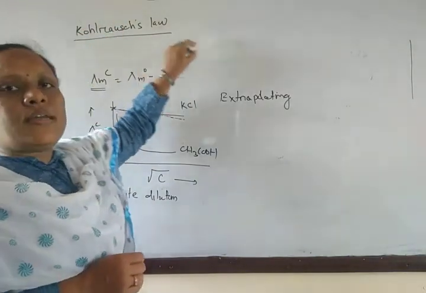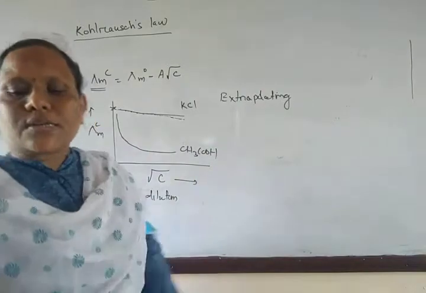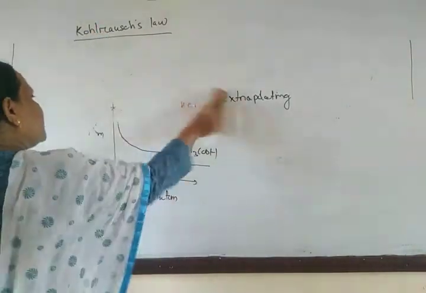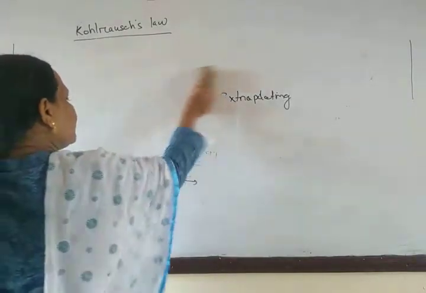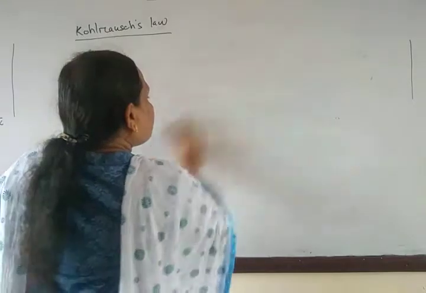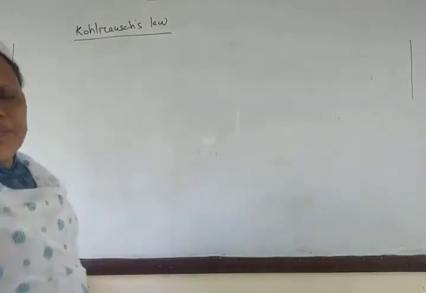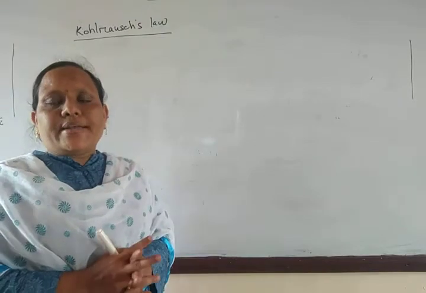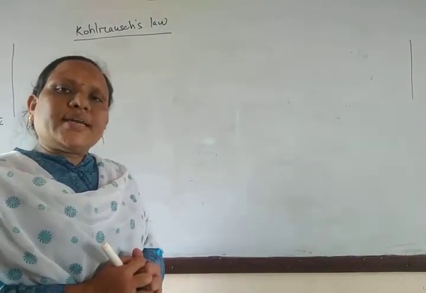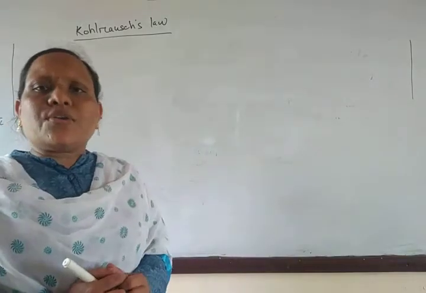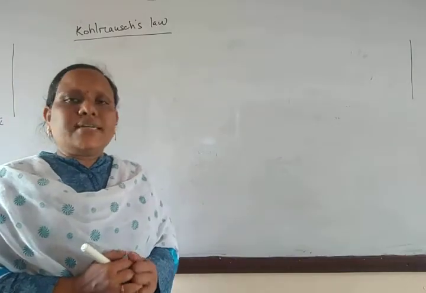Kohlrausch formulated a law that is known as Kohlrausch's law. Before proposing this law, what did he do? He took some strong electrolytes containing a common cation and a common anion and found the conductance value of each.